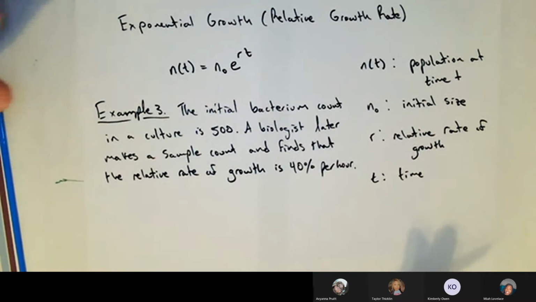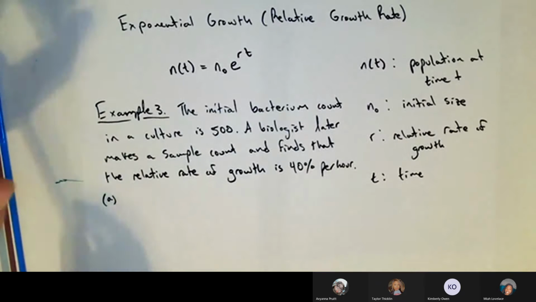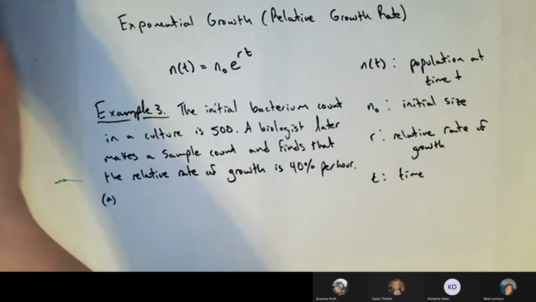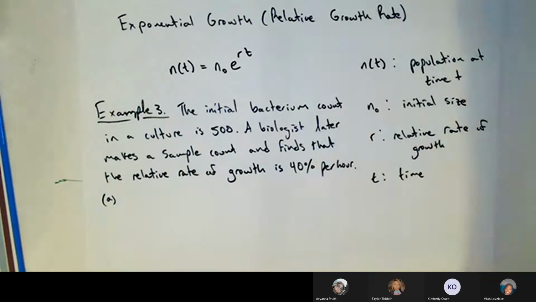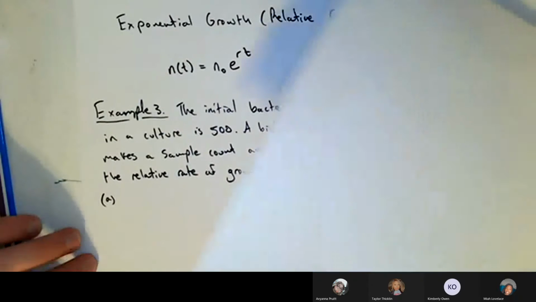So what does that mean? Before I write the questions, what does 40% per hour relative growth rate mean? That means after 1 hour, it's gaining 40% of 500. Just to make sure we're all on board with this idea, I'm going to go onto a separate piece of paper and draw what's happening here.